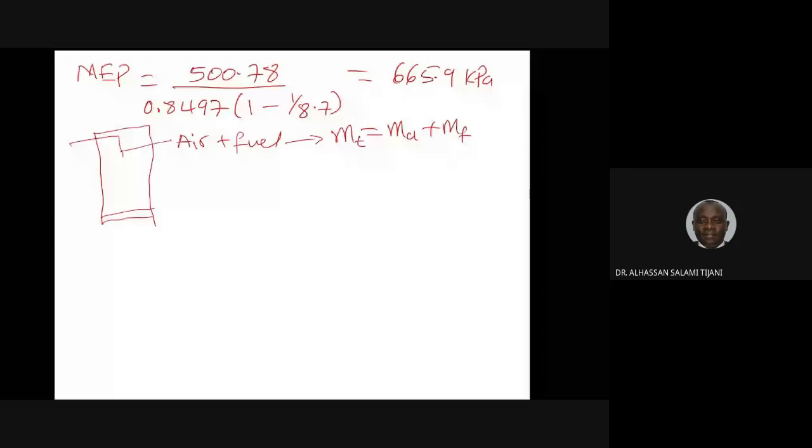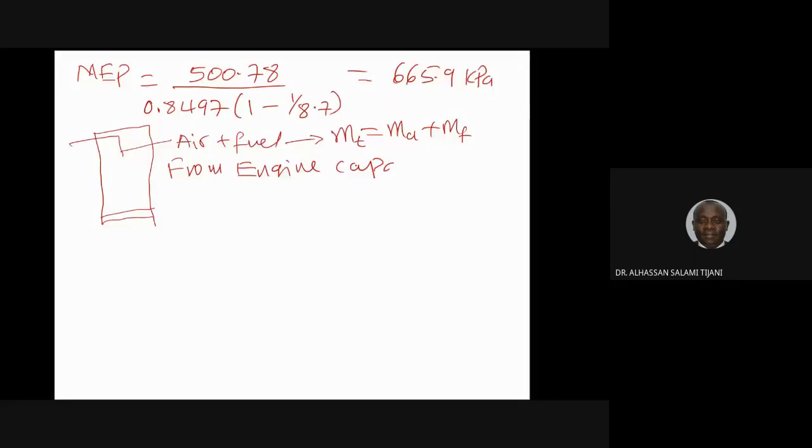Right? So now we know, from the engine capacity, we are told that the volume V1 equals 1500 cc. This 1500 cc is for the whole 4 cylinders.